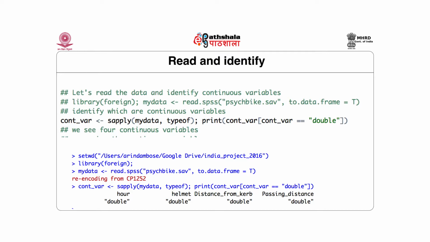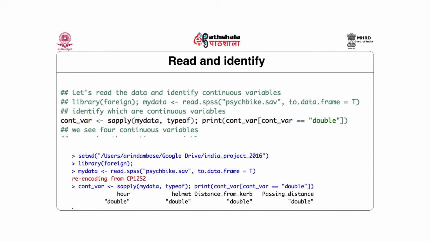But whether these are or these are not, you need to find out for yourself. And this is exactly where a summary function becomes very, very important. And this is why you should be very careful about using the summary function.